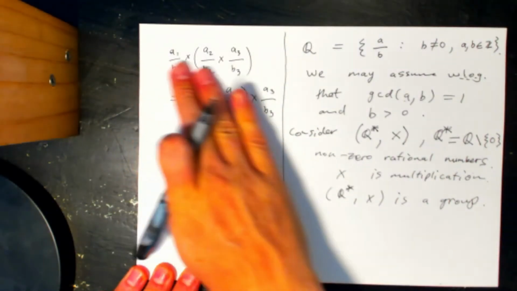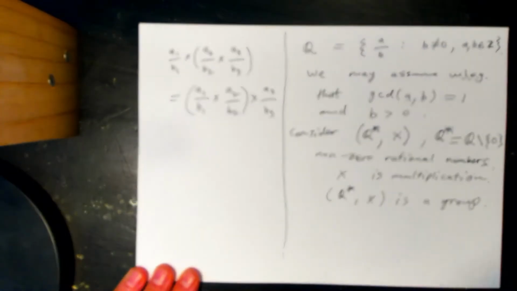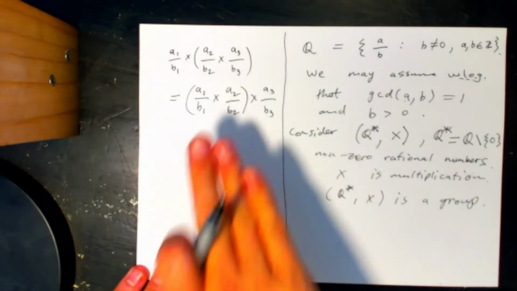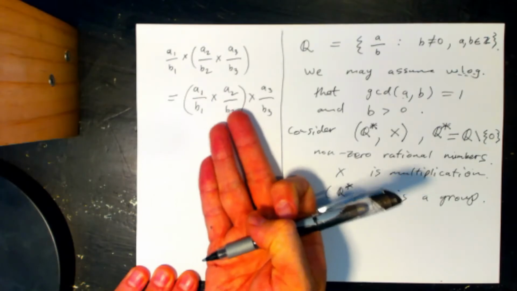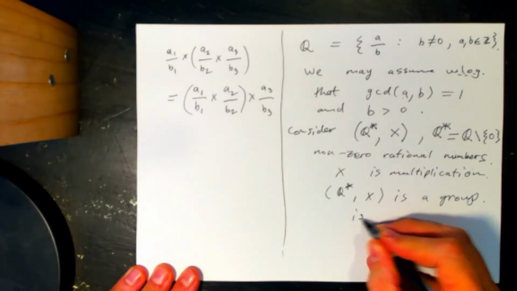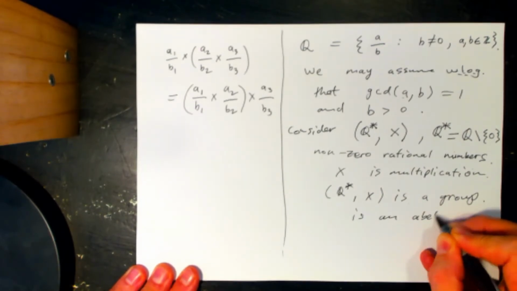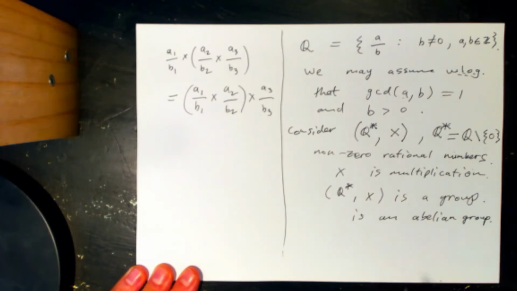Okay, now I've put these in the same order, left to right, right? But we do have associativity, we do have commutativity here, so we know that we can move these around as well. But this is an abelian group because we can move the order around as well, right?